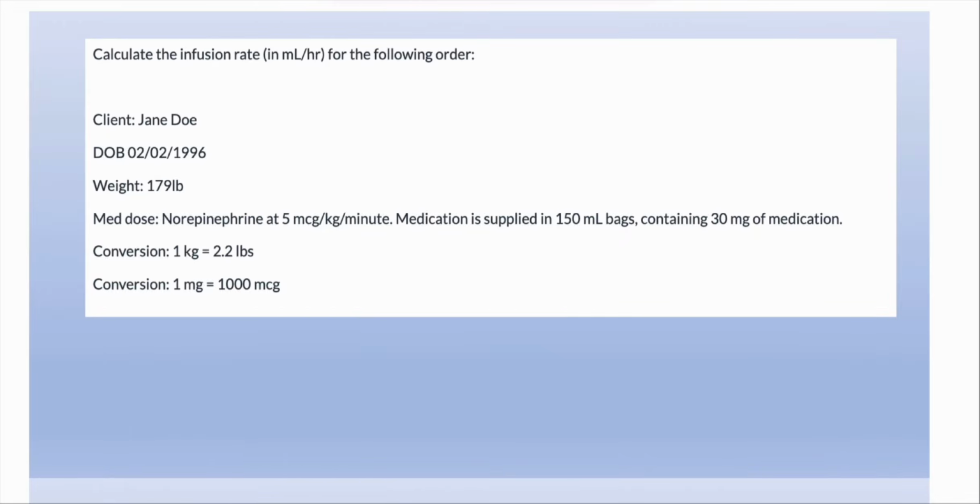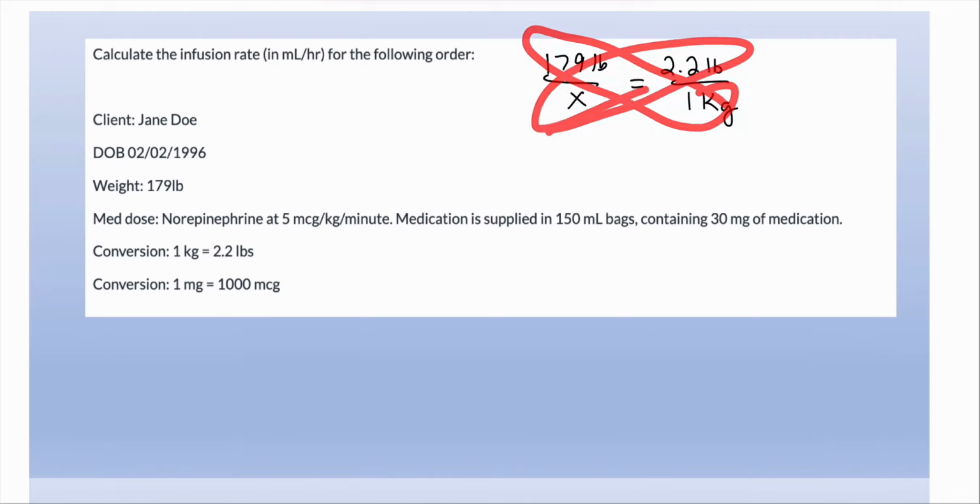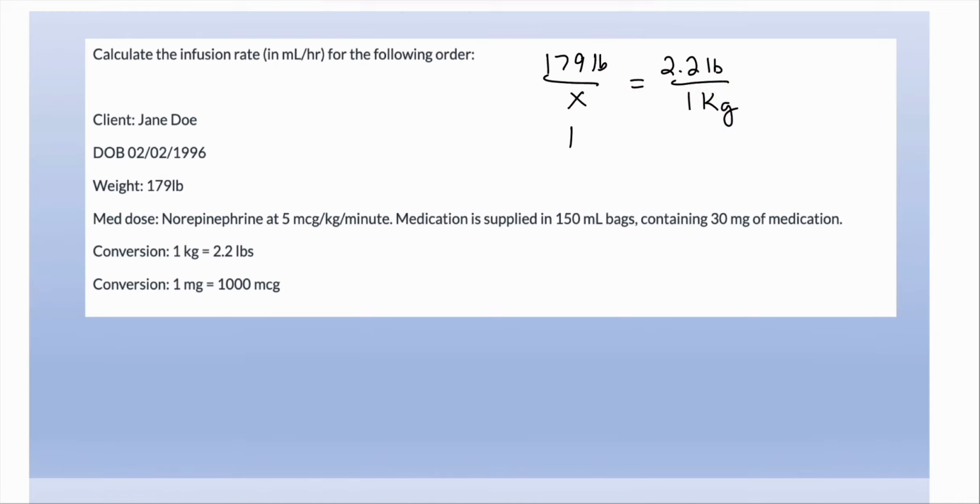So the first thing I would suggest doing is think to yourself, how much does this person weigh in kilograms? So 179 pounds is how many kilograms, if we know that 2.2 pounds is equal to 1 kilogram. Now, a proportion is very helpful because we can solve it very quickly. We're going to cross multiply, and we get 179 equals 2.2x, and that tells us we have to divide off the 2.2 to solve it.